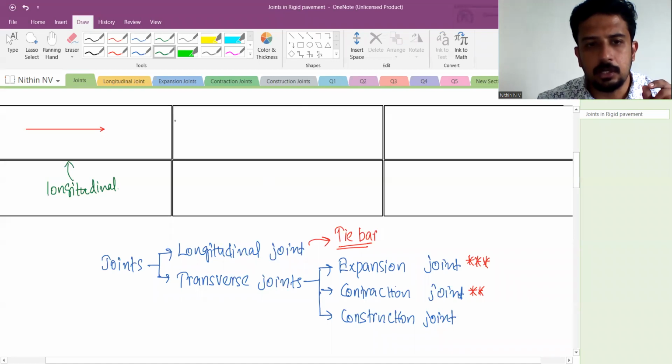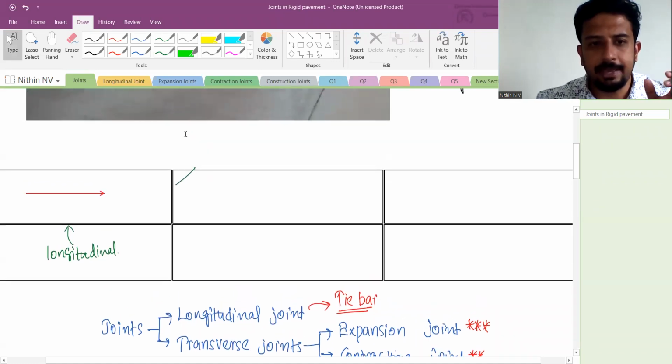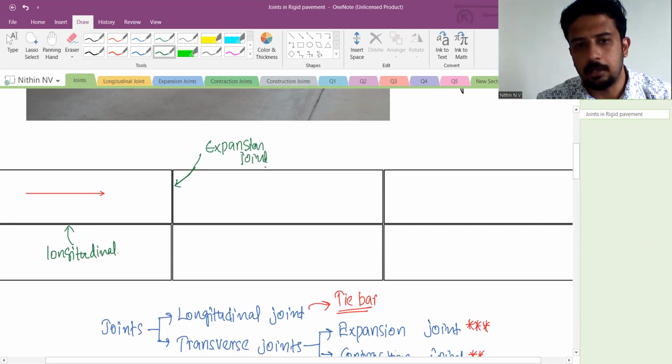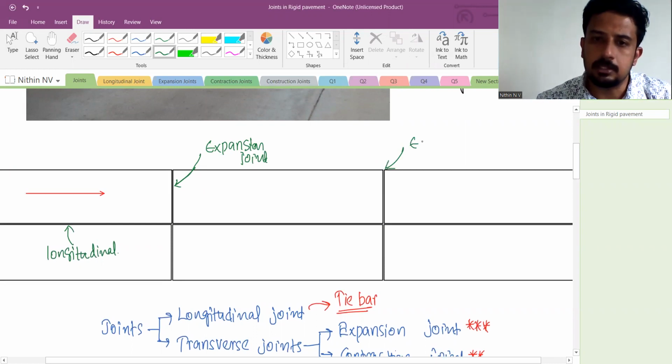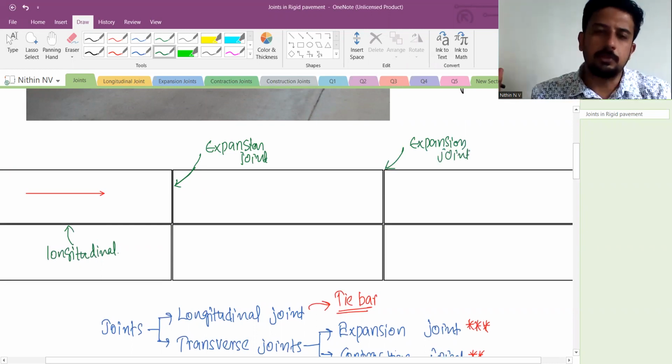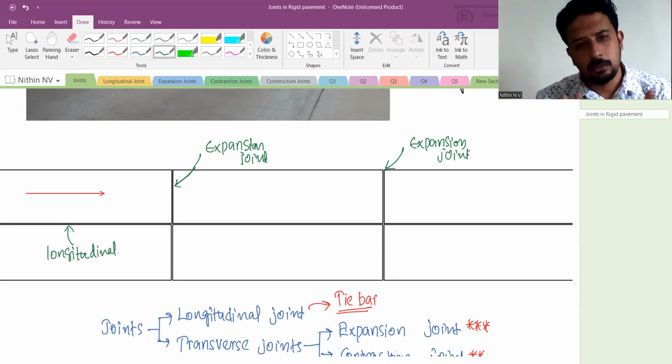This discontinuity coming at the end of one particular slab, this kind of transverse joint we call an expansion joint. At the end of the next slab, the next discontinuity is coming. That is also an expansion joint. Like this, as the length of the road increases, the number of slabs will be higher, and the expansion joints also will be there, obviously.